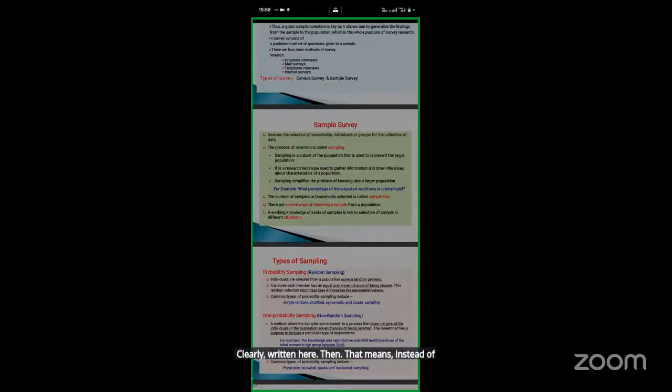Instead of taking all households and interviewing all individuals, we can take some samples, and the selected samples are representative of the whole study area or the study universe. But the researcher has to be very careful about the proportion of samples to be selected and the type of sample he would choose.